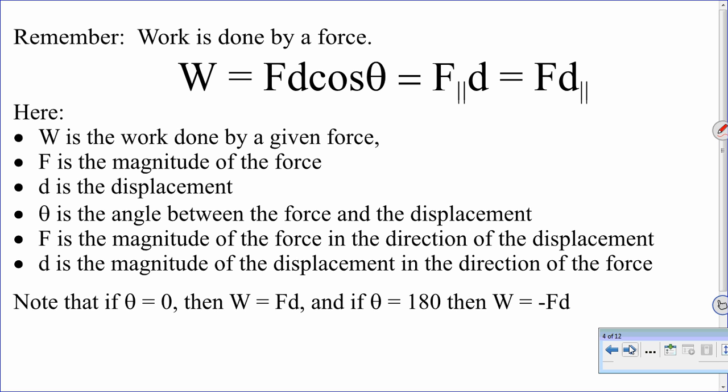Cool? Also notice, if I push it this way, but it moves that way, what's the angle between these two vectors? 180, right? What's the cosine of 180? -1, right? So if your angle is 180, that's implying that your force and your distance are opposite each other, and it gives you negative work.